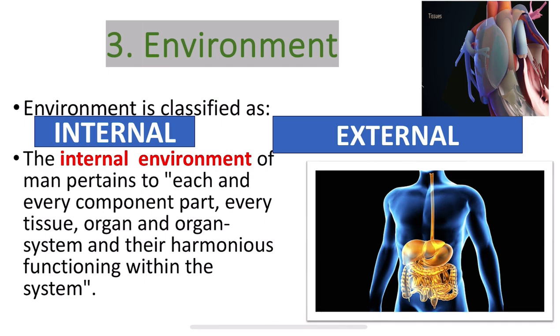When we started the lecture, we said that the factors influencing health will lie within the individual or can be external in the society. The internal environment pertains to each and every component of a person, that is the tissues and organ systems.